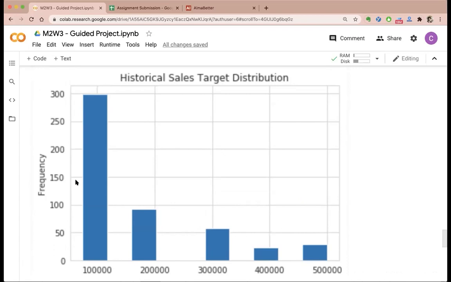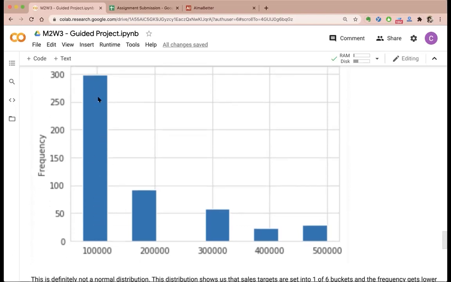Correct. So this is a predefined thing for a company: the company has defined that there will be six target buckets, and some employees will get a 100K target, some will get 200, 300, 400, and 500. This is a very obvious thing if you think about it. This denotes a real world scenario wherein most of the salespeople will be given targets of the lowest value.